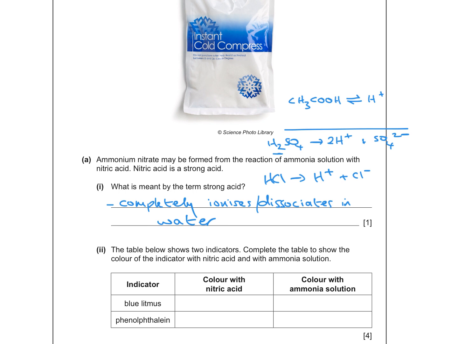Remember, acids are substances that produce hydrogen ions in solution. And if this H gets released, then that leaves us with CH3COO minus, that's ethanoate. So that's the equation to show the partial ionization of a weak acid.